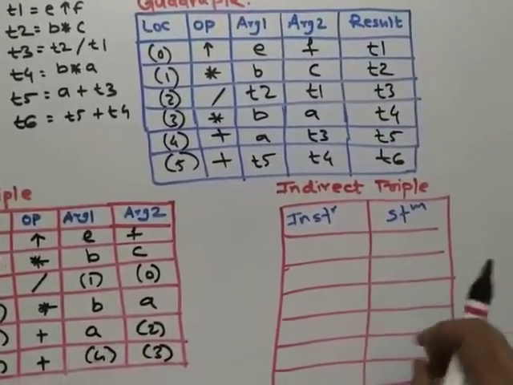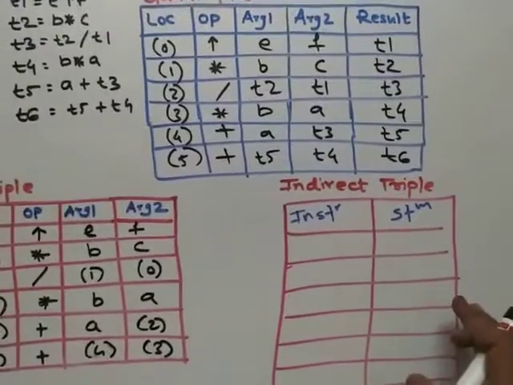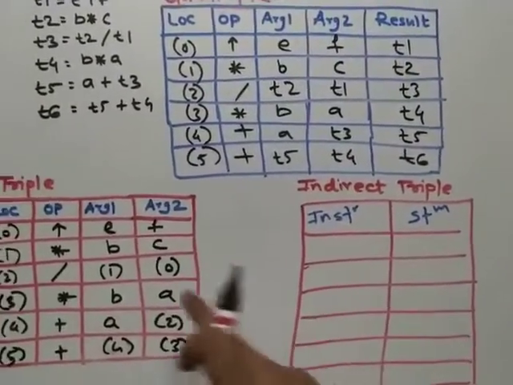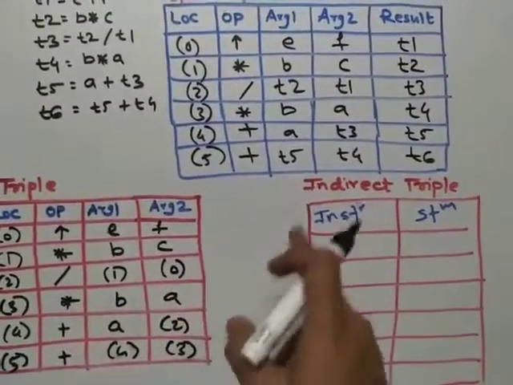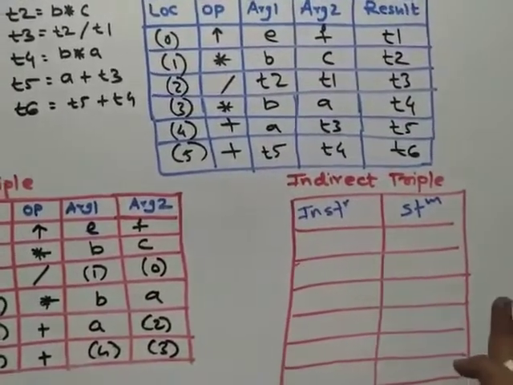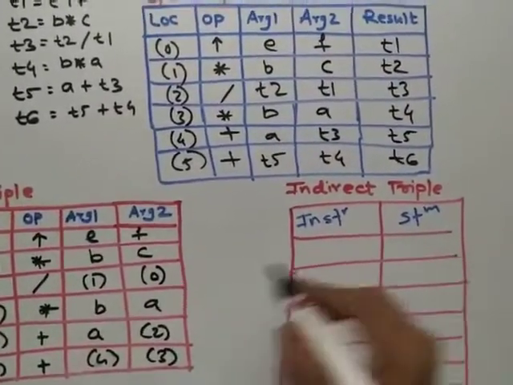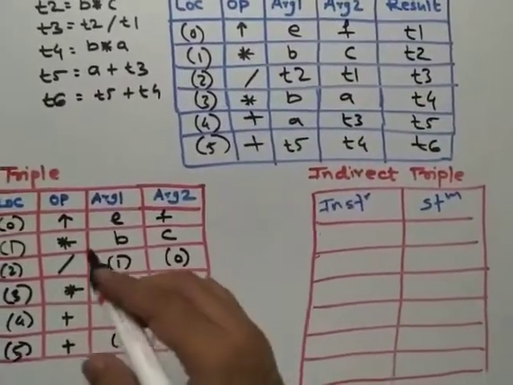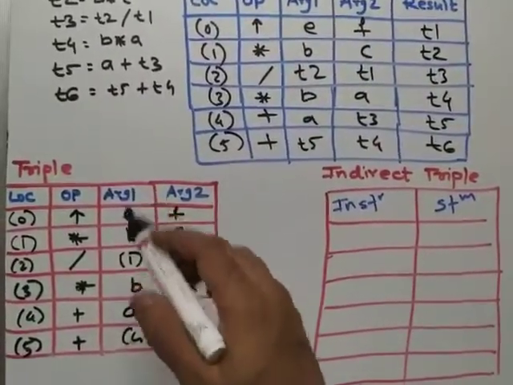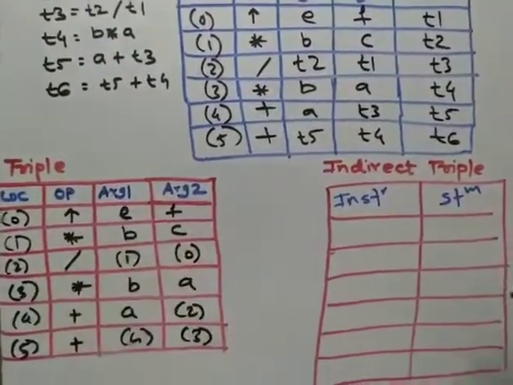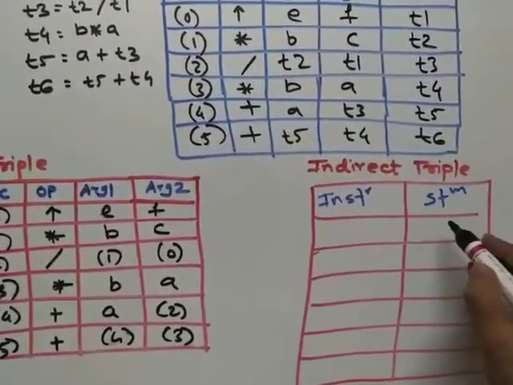It is simply a pointer kind of relationship held by the indirect triple. So whatever triple table we have is referred to by using the indirect triple. This indirect triple basically stores the statements present in the triple. These statements are referred by the location, so it just keeps track of location. So what is statement?